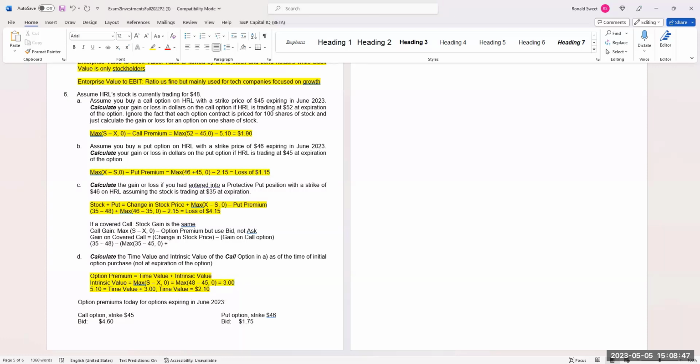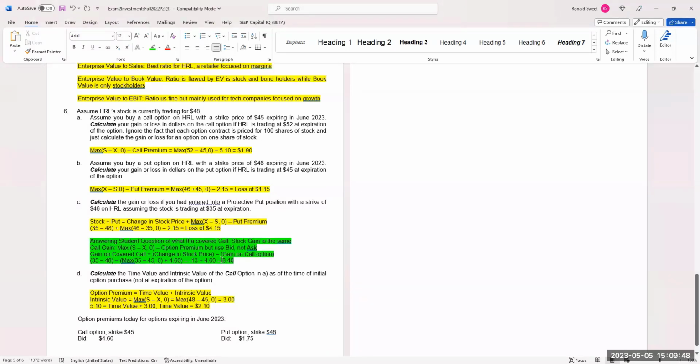Plus you got the bid, 4.60. So essentially it would be a $13 loss on the stock, but you get to keep the $4.60 on the call option. So it would have been, I guess, 8.40 if I did the math right. All right, so if it was a call, oh, that's a loss, sorry.